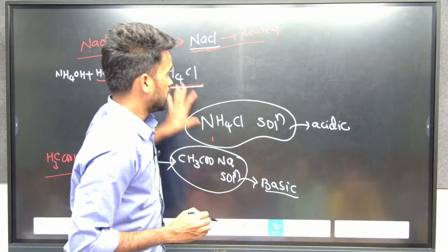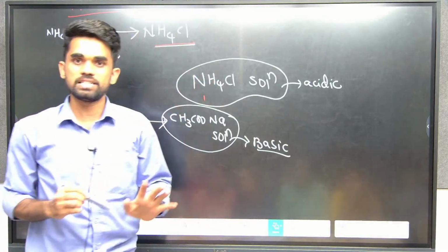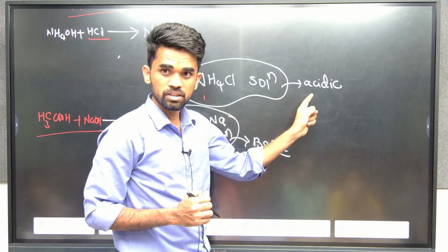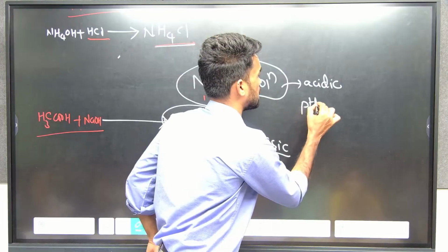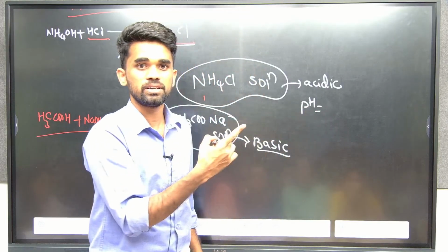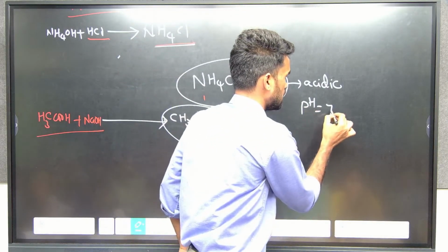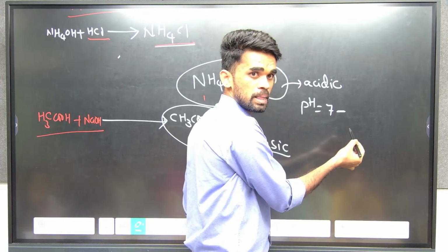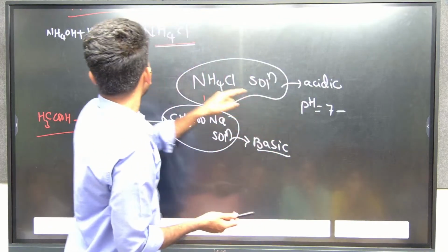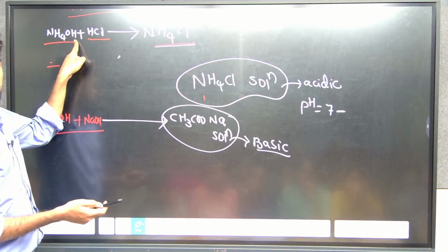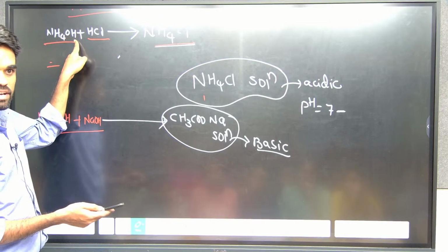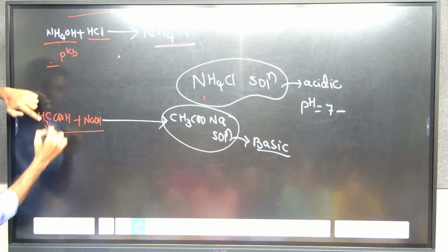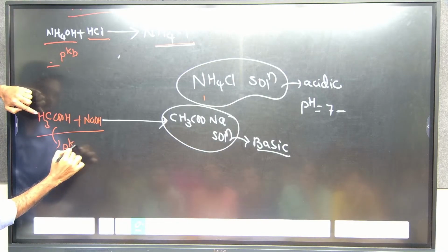Next one is salt solution యొక్క pH calculate చేయమన్నారు అనుకోండి. How to do? See, you are saying acidic now. So acidic means pH definitely less than 7 or greater than 7. So 7 minus, less than 7 now? 7 minus. Okay. So what is weak here? Weak base here we have. So for a weak base it will be pKb. For a weak acid it will be pKa.